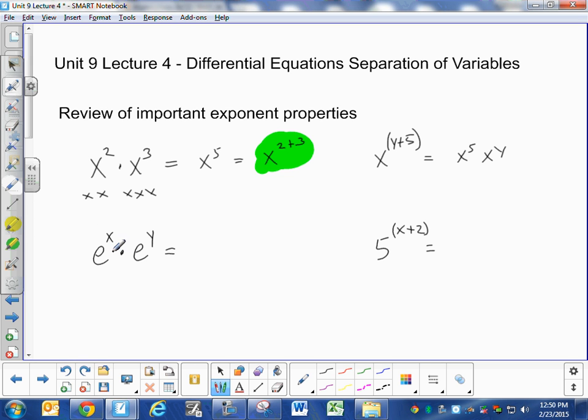Okay, e to the x times e to the y can be written as e to the x plus y. Well, guess what? You'll be able to go here backwards. So if you have like 5 to the x plus y, I'll change that from a 2 to a y. You can write this as 5 to the x times 5 to the y, or the other way around.